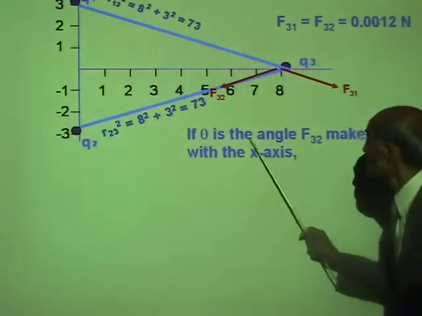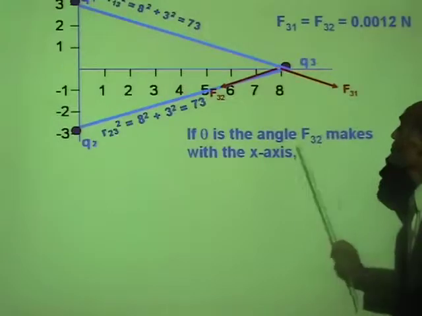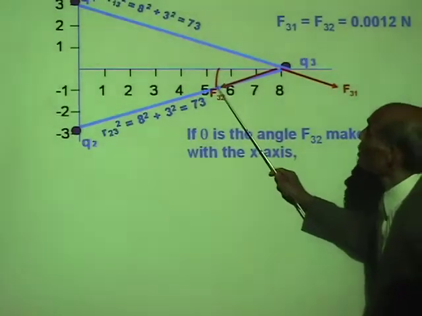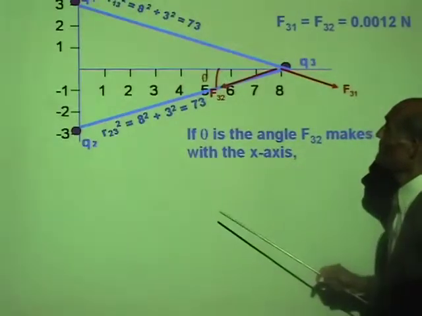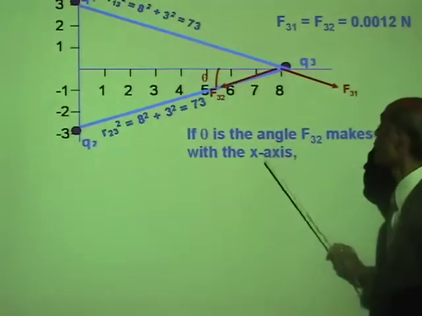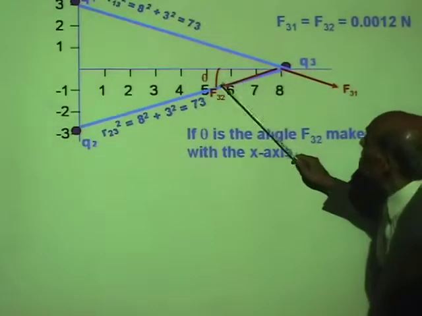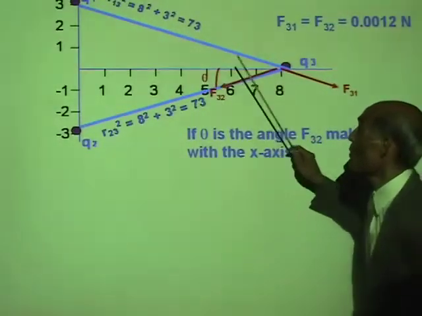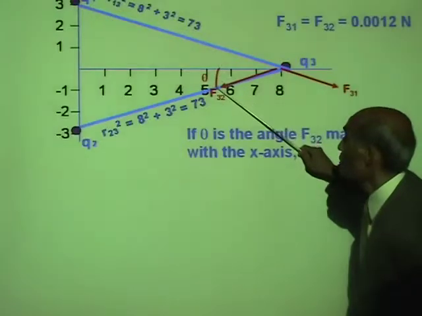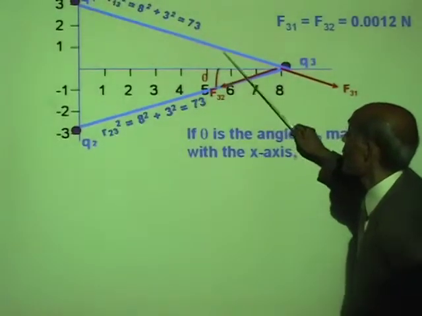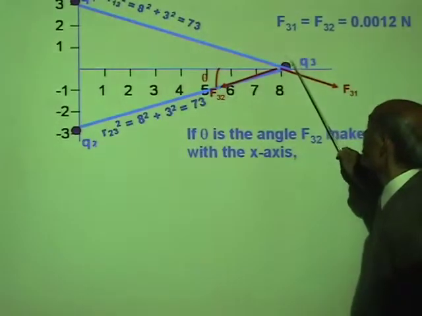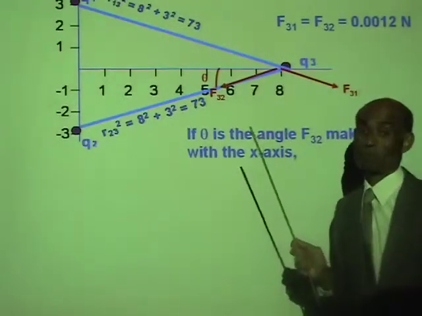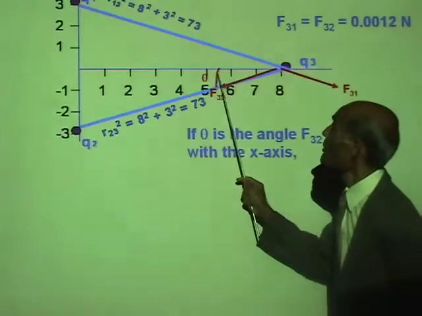If theta is the angle F32 makes with the negative x-axis, well, finally this is not the angle we want. But once you know this angle, you can add 180 to that to get the actual angle. So let's find that angle. Can you help me find that angle?